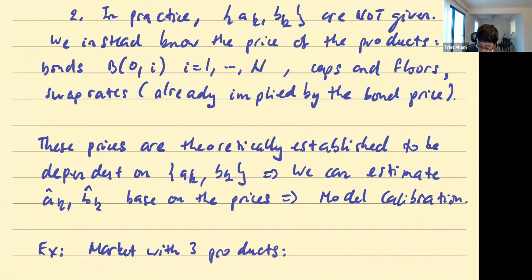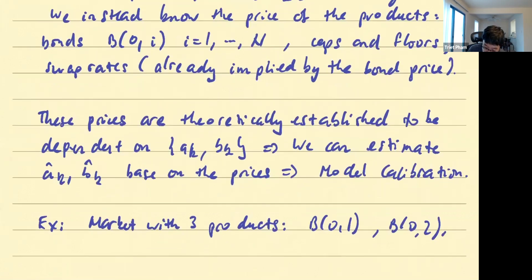You have bond B01, B02, and a cap, with T equals 2 and strike equals 0.03. We discussed cap last time. We'll continue to discuss cap. All right, so the prices are given.